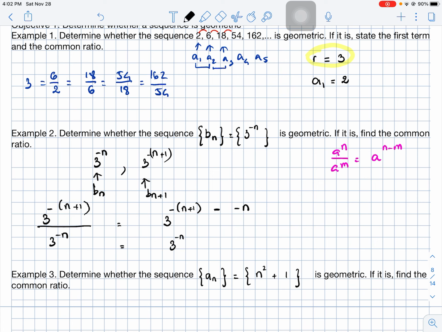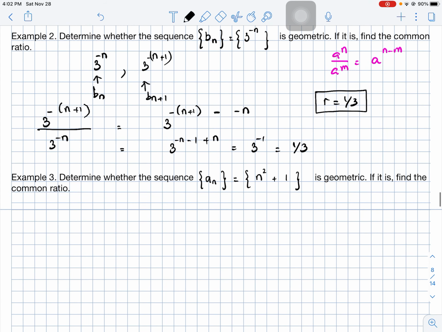So let's open the parentheses, and the minus negative n becomes plus n. So we got the answer is 3 to the negative 1, and that gives us 1/3. So this is geometric, and the ratio is 1/3.